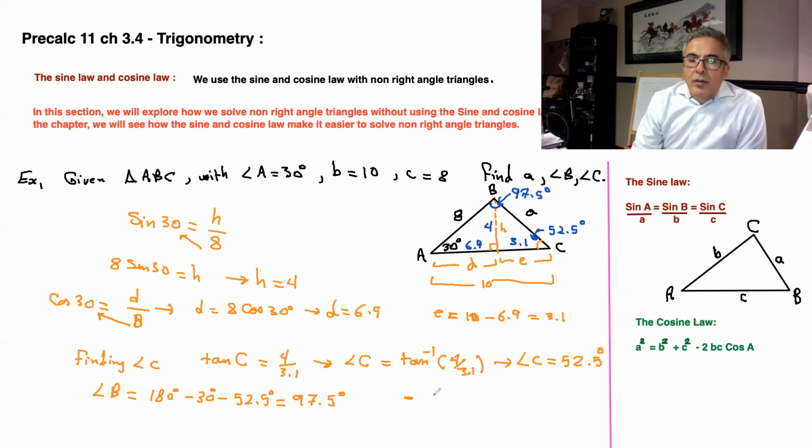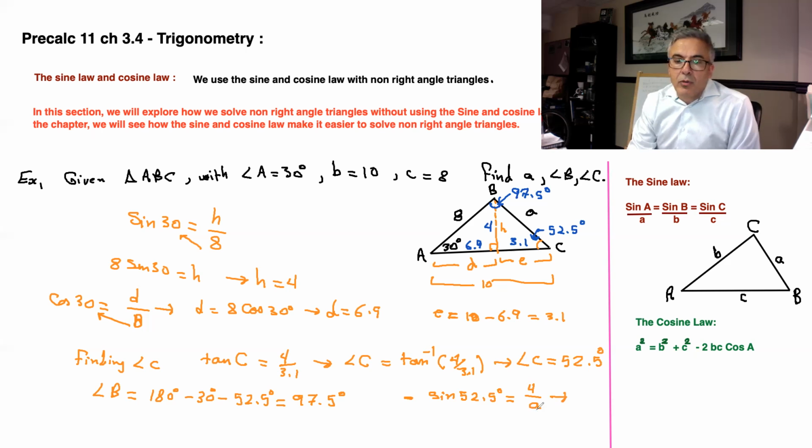So we go sine 52.5 degrees equals 4 over A. Now cross multiplying allows me to cross the A to this side, and A is on the bottom, it goes to the top, and sine is on the top of 1, so when it crosses this side, it goes to the bottom.